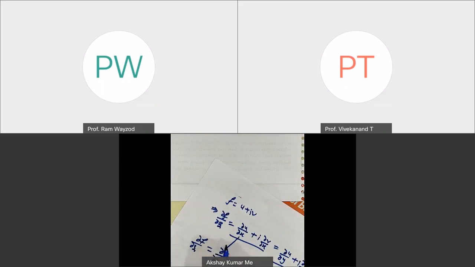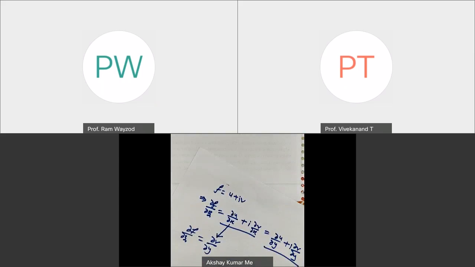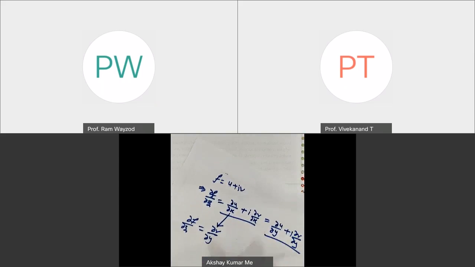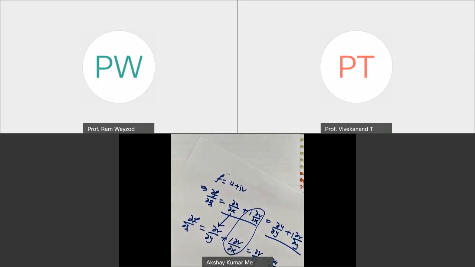By using the CR equation, del v by del x means del v by del y plus i del v by del x as it is, equal to del v by del y minus i del u by del y, and lastly del u by del x plus i del u by del x.